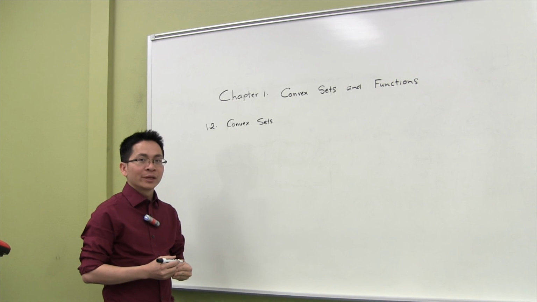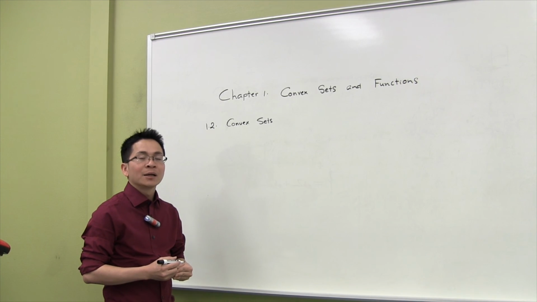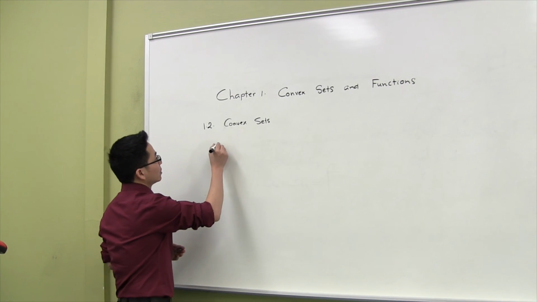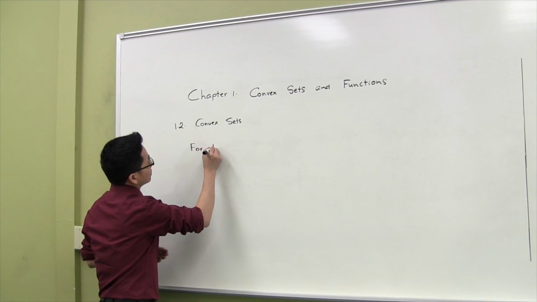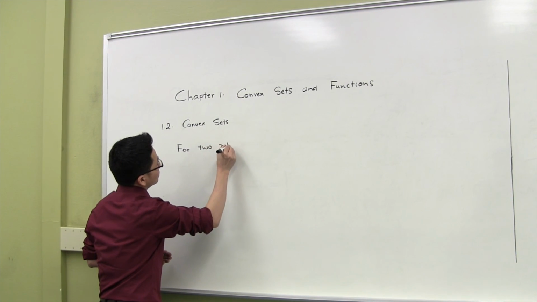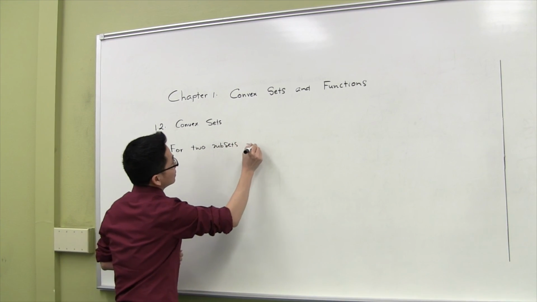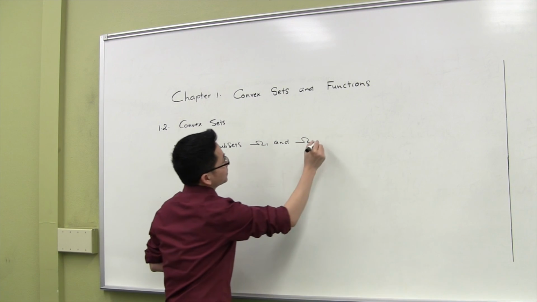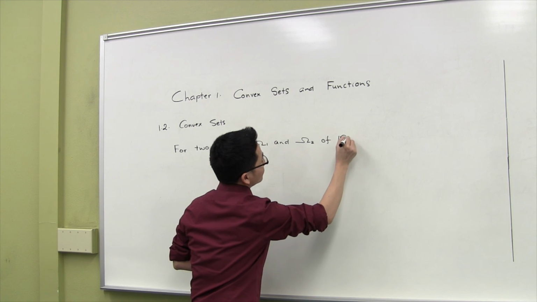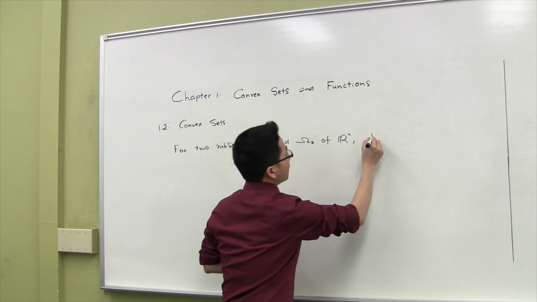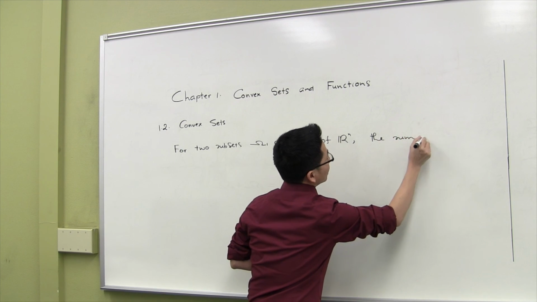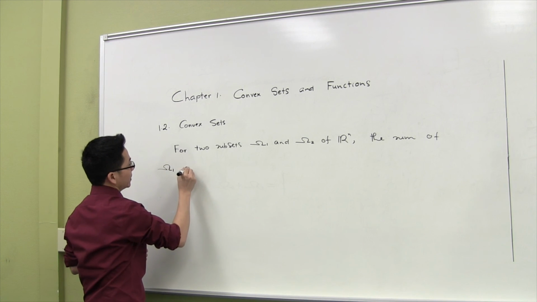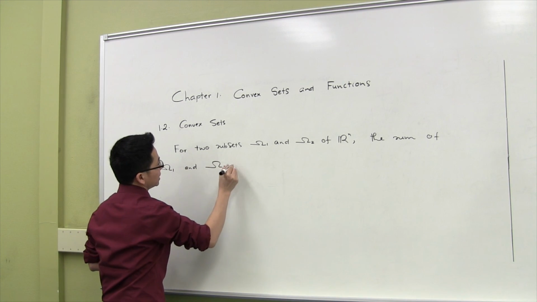Let me continue with some more operations that preserve convexity for sets in Rn. For two subsets omega 1 and omega 2 of Rn, the sum of omega 1 and omega 2 is defined as follows.